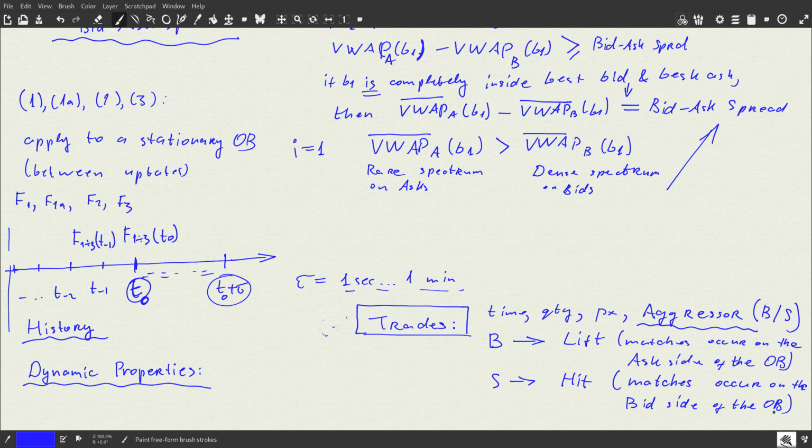So we will construct these features from the trade information. Trades correspond to liquidity taking rather than liquidity provision.